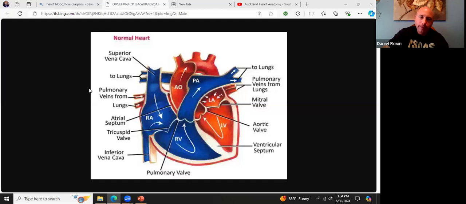So it's not a bad idea on tests or when learning about this stuff, when you're looking at a picture of the heart like this, put an R over here for right, put an L over on this side for left, so that you remember that you're looking at somebody else's heart straight on. So everything is on the opposite side of what you know. This is the left side of the page looking at it. This is the right side of the page looking at it, but it's the heart's perspective, the other person's heart. So this is the right side of their heart.